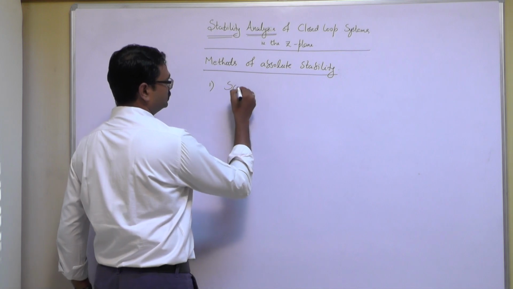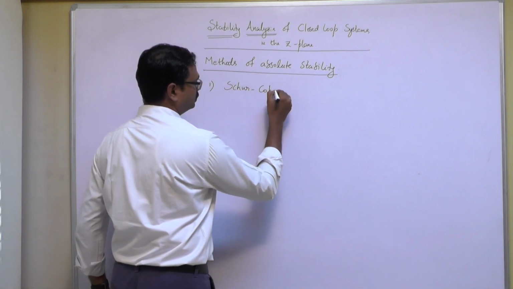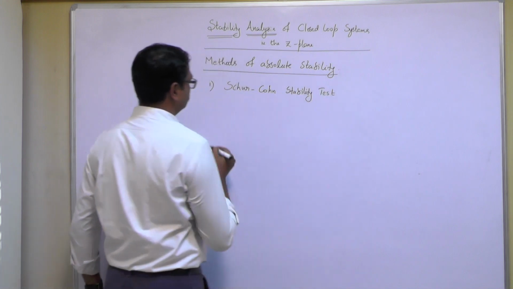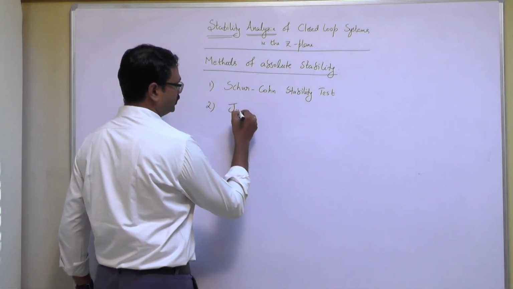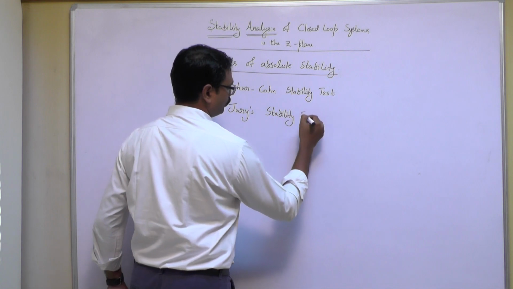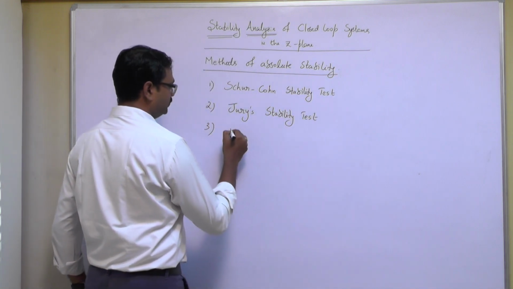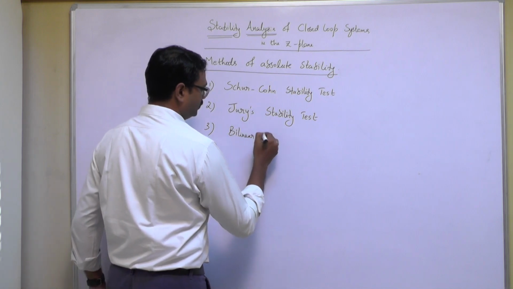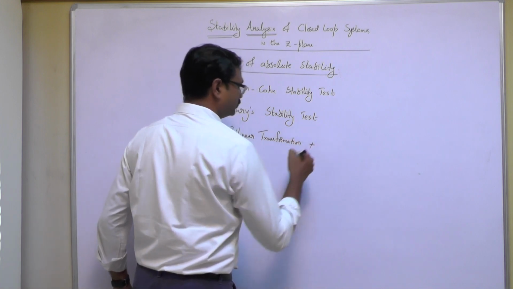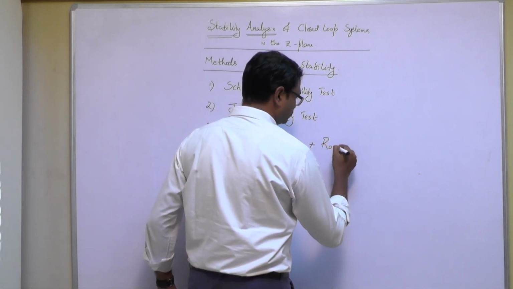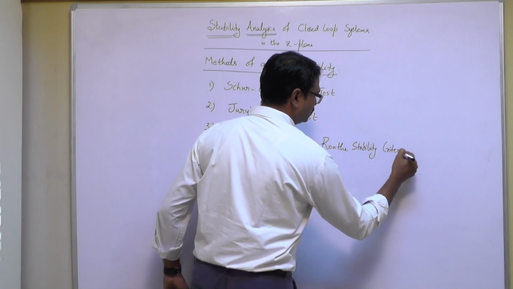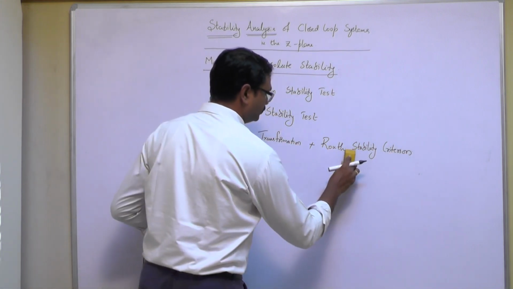They are the Schur-Cohn stability test, the Jury's stability test, and the third one, bilinear transformation in combination with the Routh stability criterion, which is what we will be seeing.